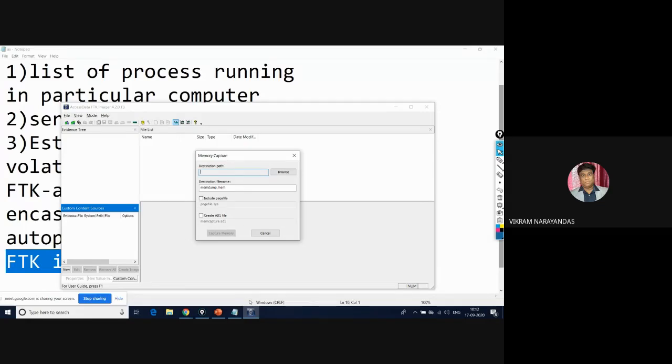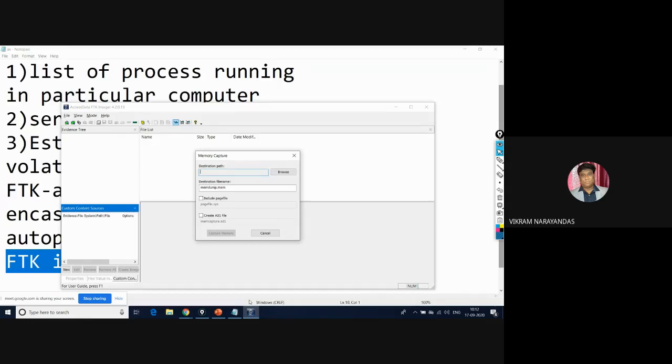Generally it won't be sufficient, right? So what will your operating system do? It will create a virtual space in your hard disk.